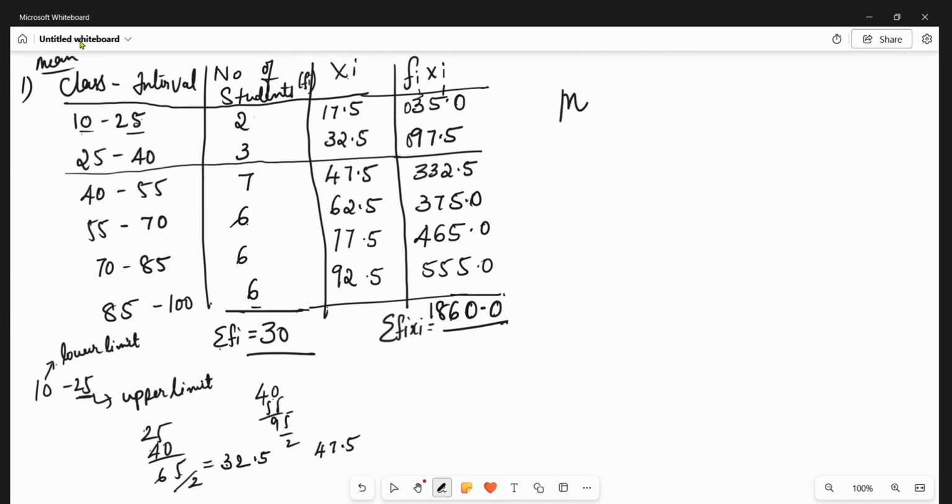Now you have to calculate the mean. Mean is equal to sigma fi into xi by sigma fi. Here 1860 divided by 30.